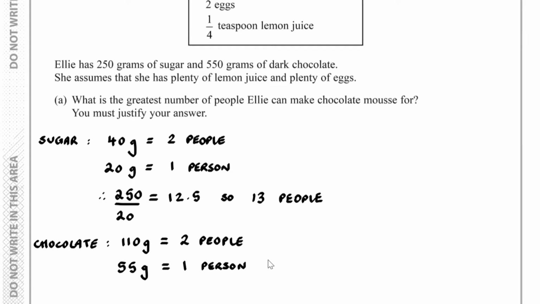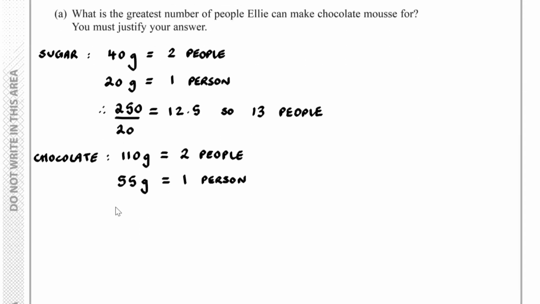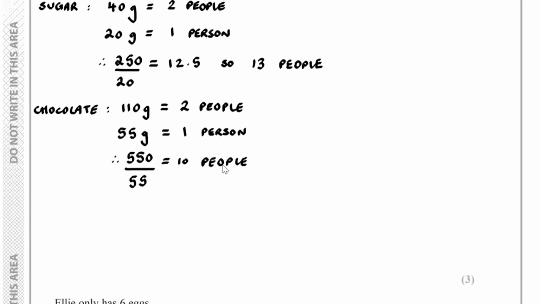And therefore, to find out how much we can make, we would have to do 550, that's the amount of chocolate we've got available, divided by 55, which is 10. So with the amount of chocolate we have, we can make enough mousse for 10 people. So I'm limited by the amount of chocolate I've got, and therefore the maximum I can make is enough for 10 people.